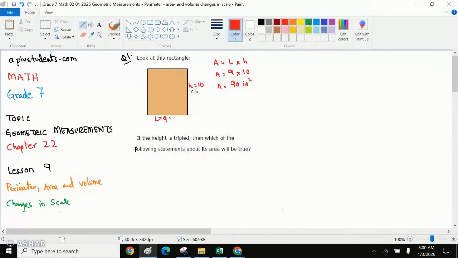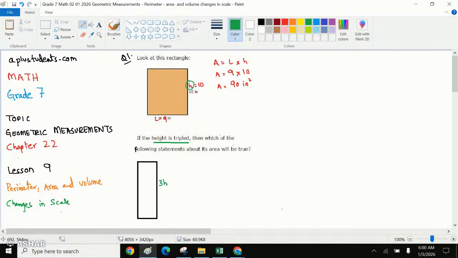But what they're asking us is, if the height is tripled, for the new shape, now the height has been tripled. So let's draw a rough sketch. If this was the height, now the height becomes 3h. Okay.